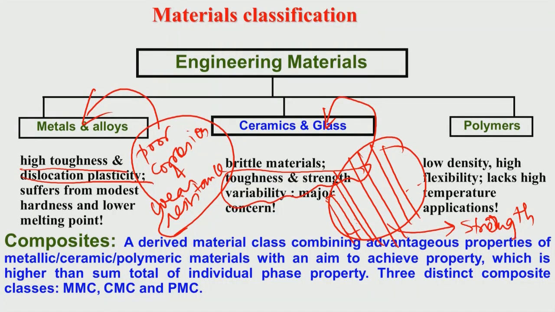Although they have a uniform alumina composition, each sample may have a different crack density, and as a result the strength would be different.